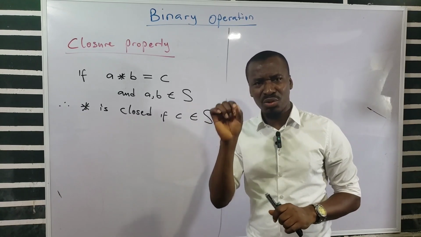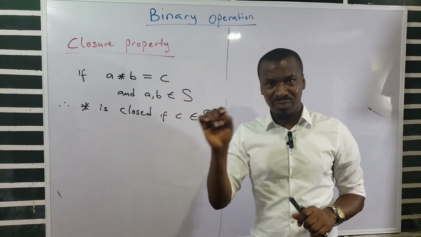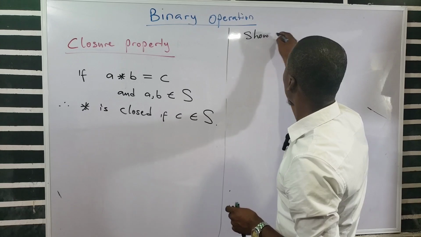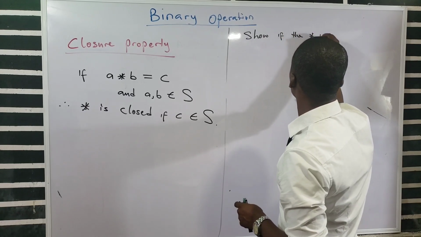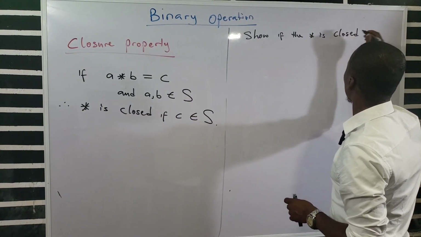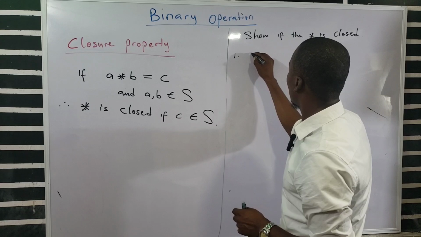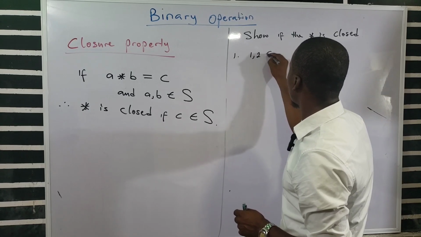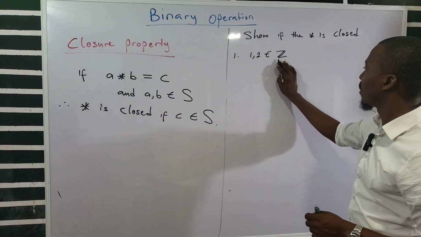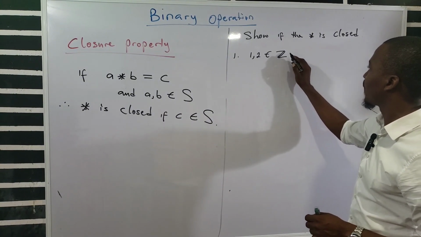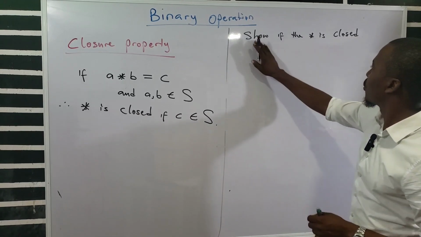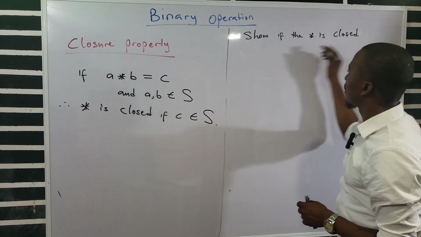Now let us look at two combinations that are closed. So show if the operation is closed.